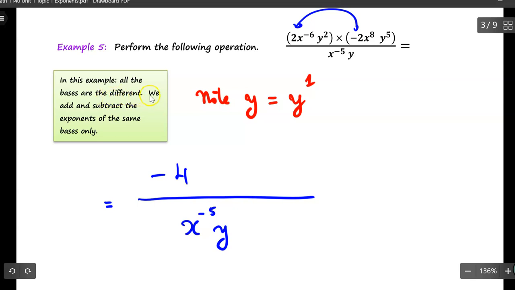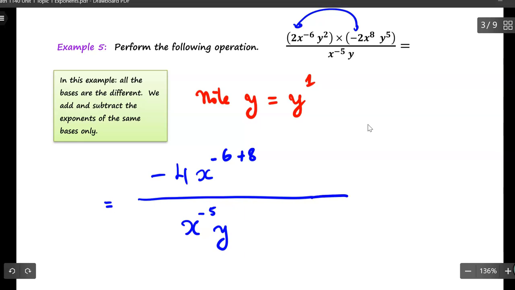All the bases are different. We add and subtract the exponents with the same base only. So x goes with x, y goes with y. I will write x. That means I will take a look at the -6 and the x to the exponent 8 here. They have the same base, right? So now I will add these two exponents. Therefore, I will have -6 plus 8.